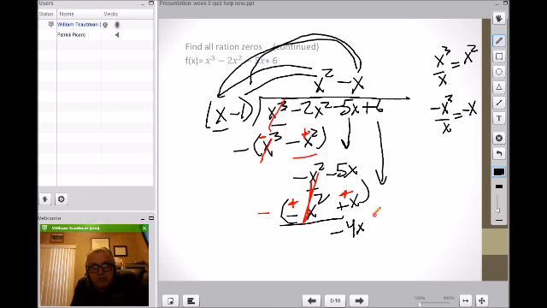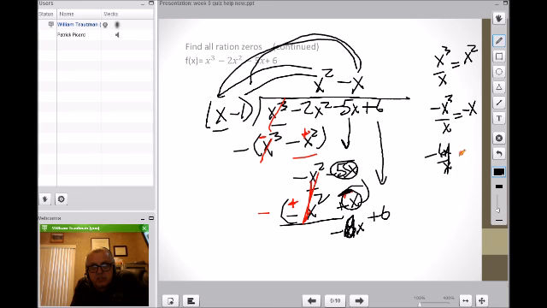Something didn't work out right. Hang on. Oh, this was a plus, so it changes to a minus. There we go. That was a plus, so it changed. Negative 5x minus 1x is a negative 6x. The negative 5 and a negative 1 is a negative 6x plus 6. How many times does x go into negative 6x?